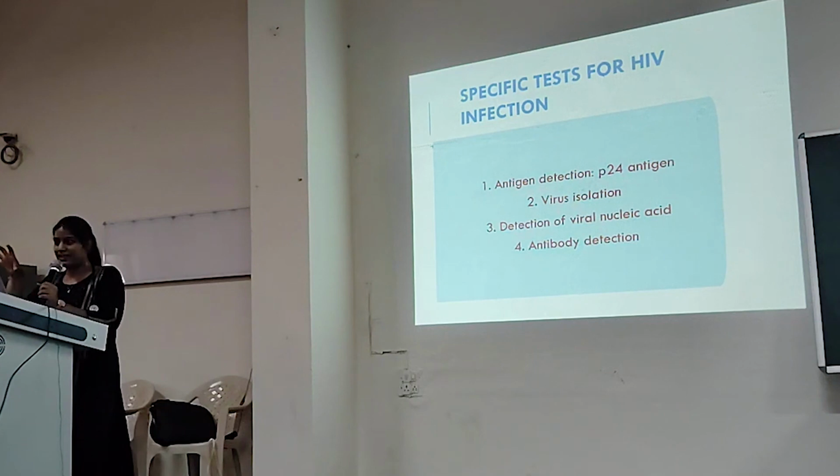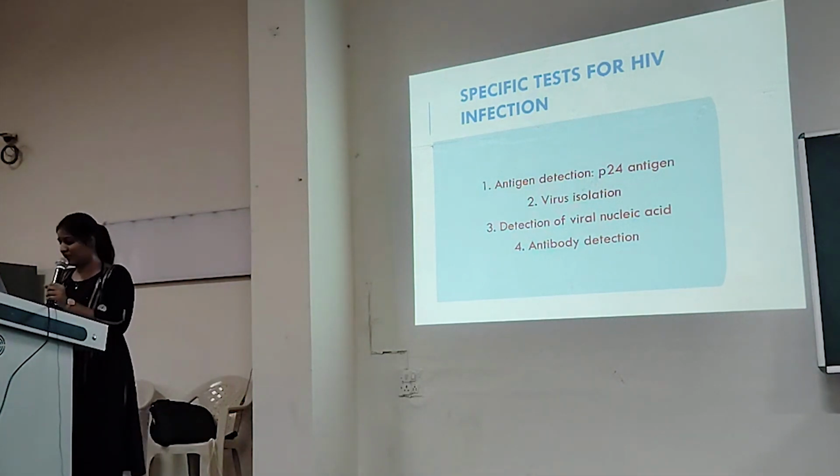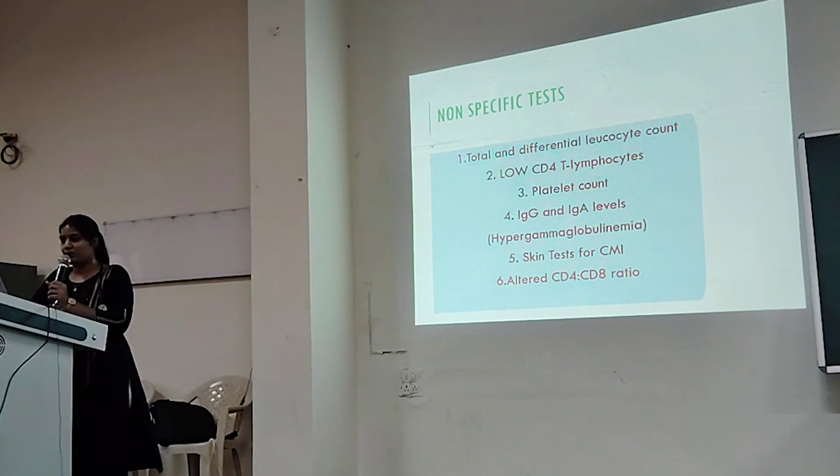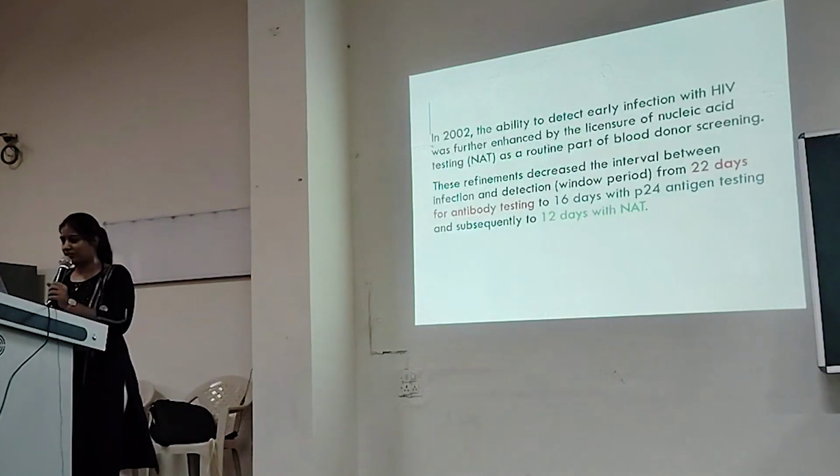That is, we are directly identifying either the products of HIV, that is P24 antigen, nucleic acid and virus, or indirectly we can measure the antibody against HIV. And there are many non-specific tests like CD4 count, total and differential count, IgA and IgG levels, and lower CD4 to CD8 ratio. These are non-specific, just keep them in mind.